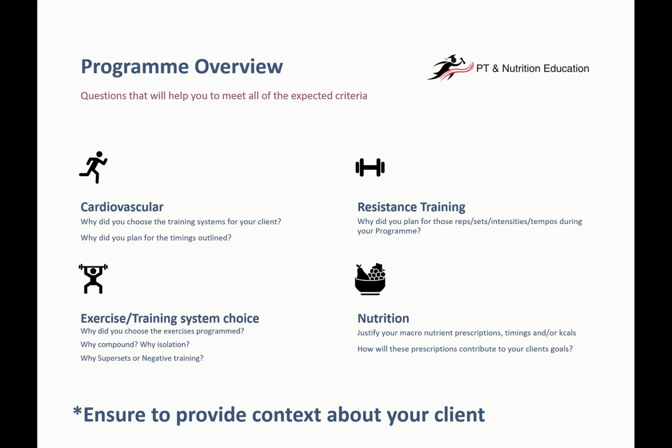So negative training has proven to increase time under tension in the eccentric phase of the lift, and this can cause more micro tears in the muscle. And again, this might be another aspect of the training which you've incorporated in order to improve the hypertrophic response for your client.